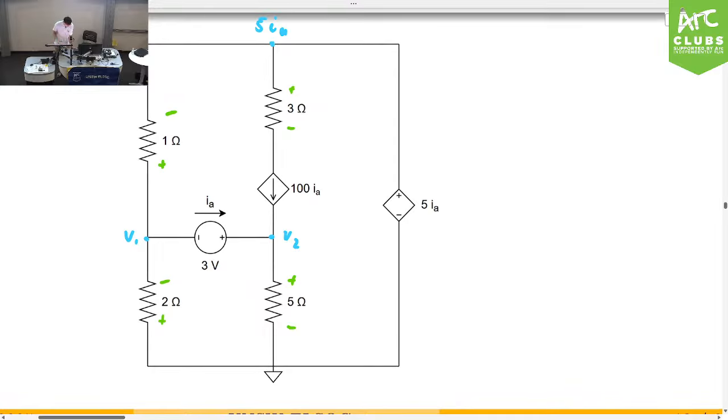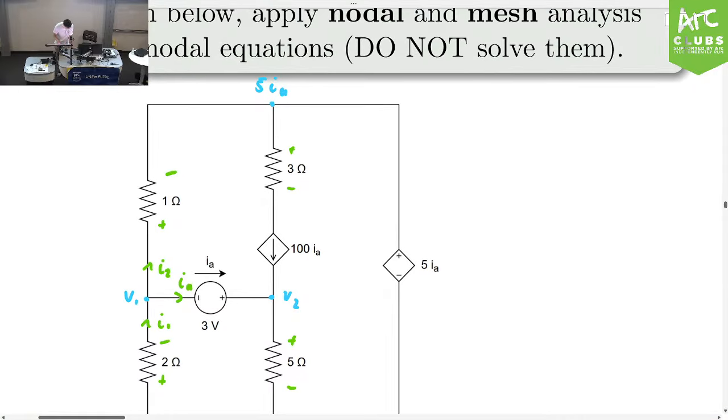And now, what does matter is the direction of your current. So we'll call this going up here I1. Now, the current going this way is just IA from here. The current going up here is I2, okay? Now, over here, we have I2 going here, from here.